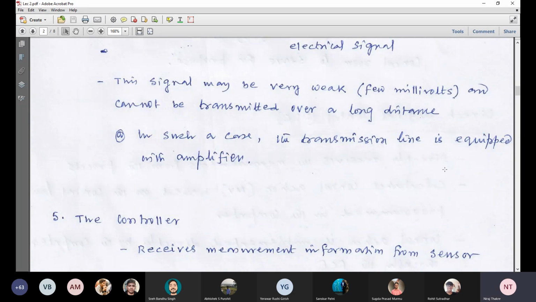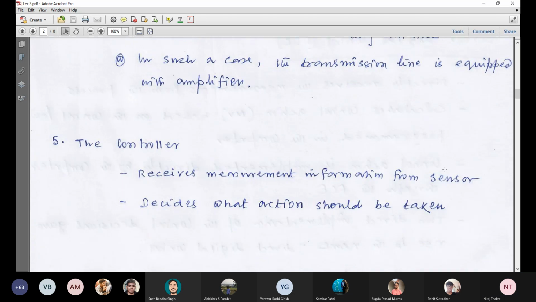Next part is the controller. You recall all the time the liquid level example, which I have shown at the beginning. So process, then measuring device, then transmitter, then transducer, then transmission line.